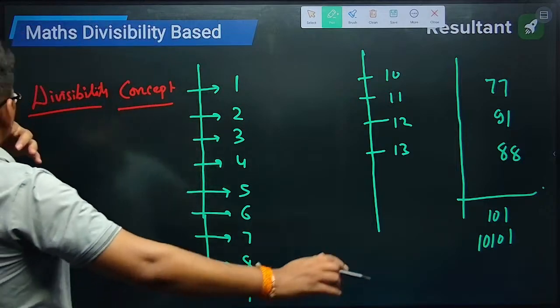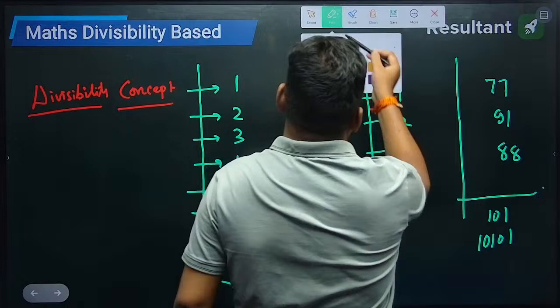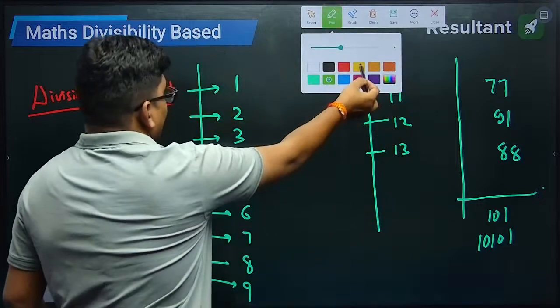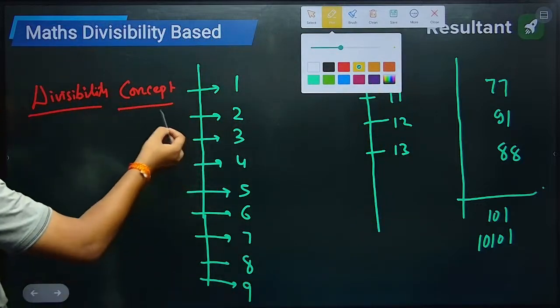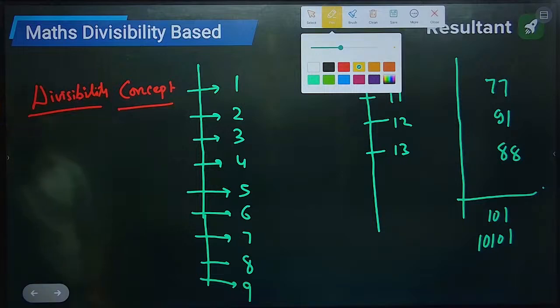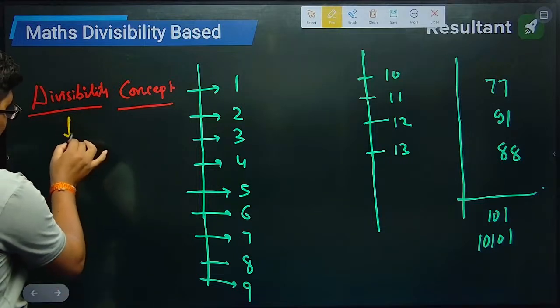Then we will start from 1. What is the divisibility of 1? What will be the divisibility of 1?